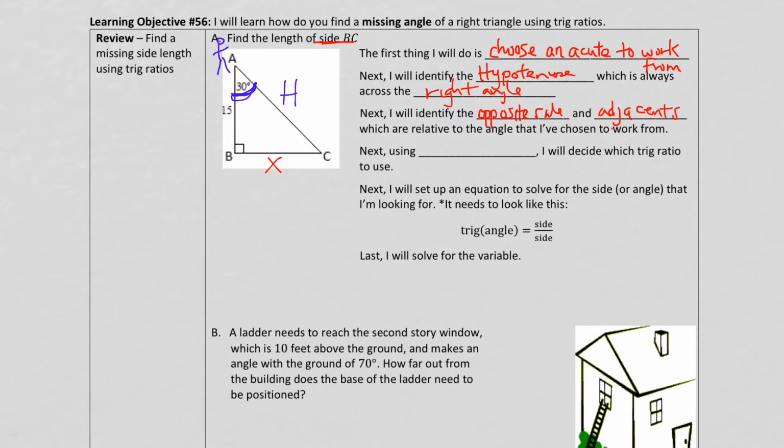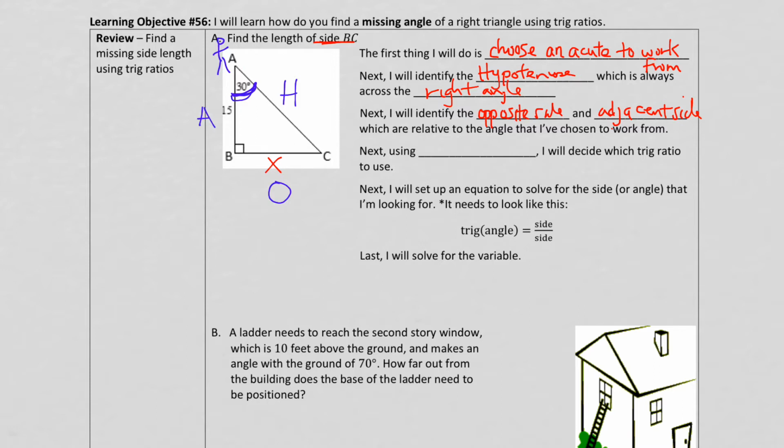Again, relative to the angle that we've chosen. If we've identified angle A as our angle for this triangle, then the side opposite of angle A is going to be side BC. So this is my opposite side to angle A. My adjacent side to angle A is going to be side AB here, so I'll put this as an A.